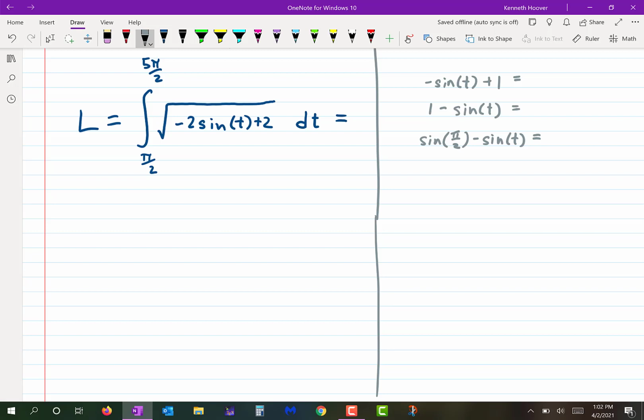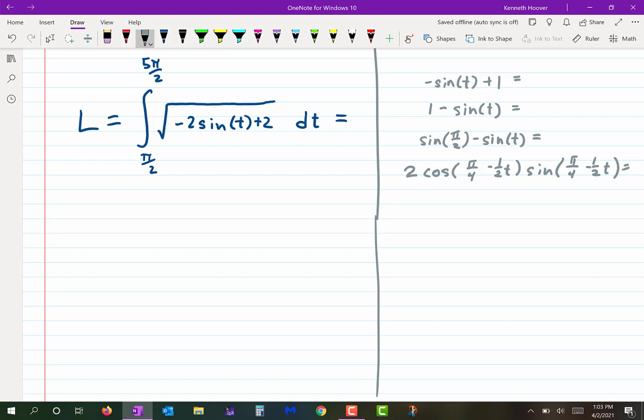Using the angle difference identities, that is the same thing as 2 cosine of pi over 4 plus 1/2 t times sine of pi over 4 minus 1/2 t. That's just using the angle difference identity.